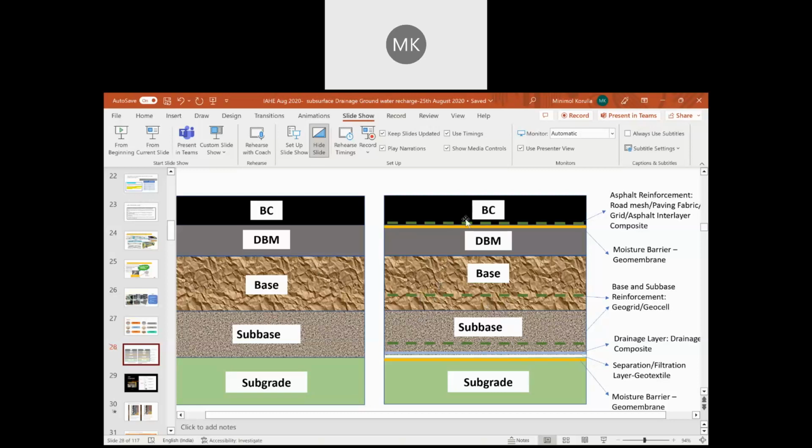At 11 o'clock we will take a break, and before that we will try to cover all the introductory sessions, and then we will go to groundwater recharge. In groundwater recharge, we will see check dams, percolation tanks, and contour trenching. So we are going to part 1.